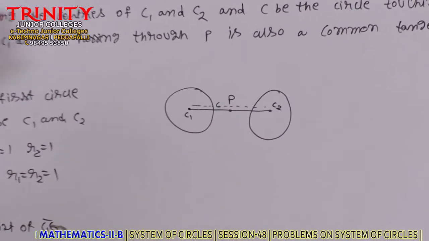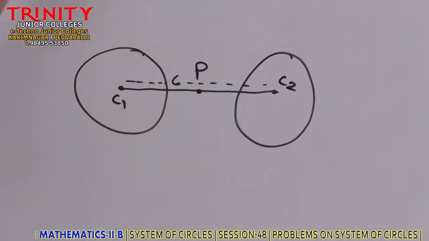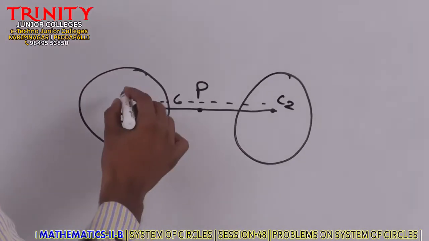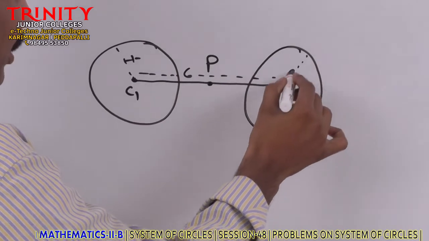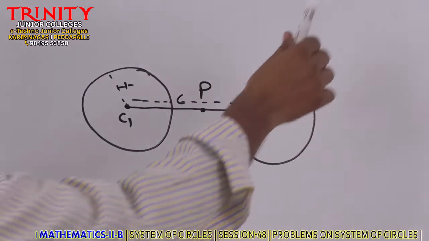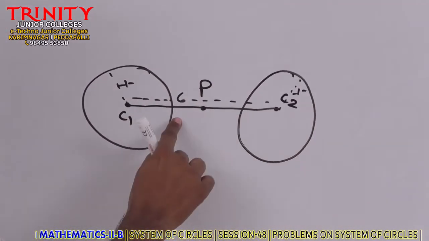The radius of each circle is 1 unit, and the distance between the two centers is 6 units.